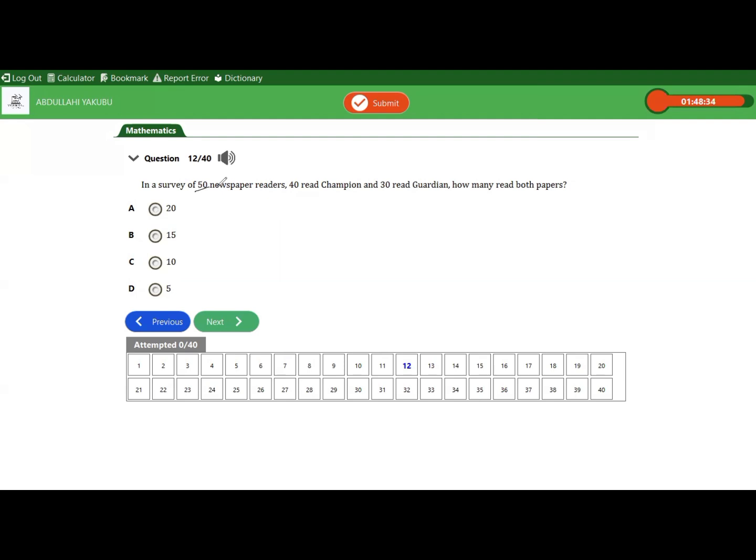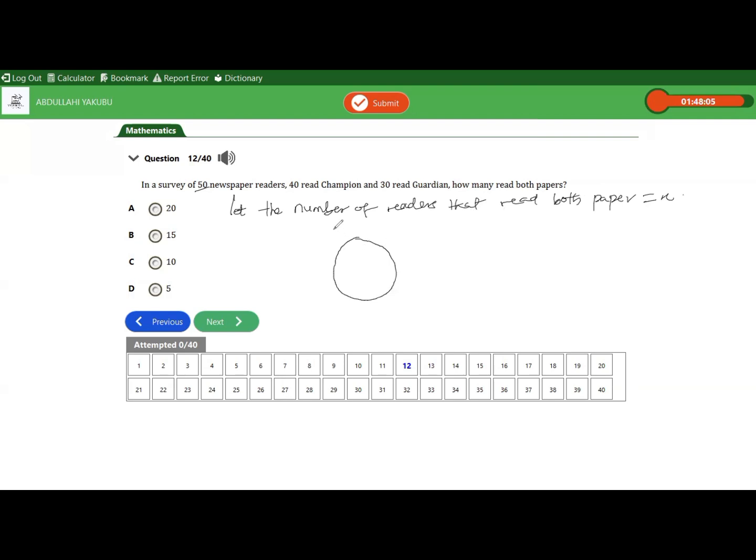So we can say, let the number of readers that read both papers equal X. We can use set notation, or we can also use a Venn diagram.